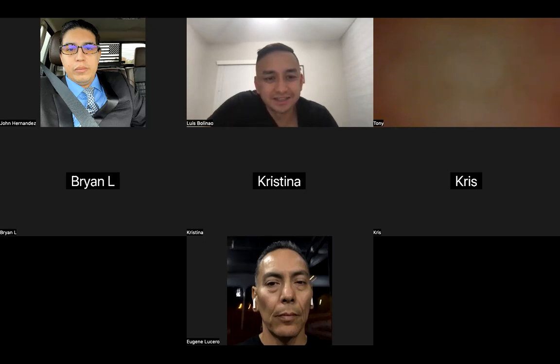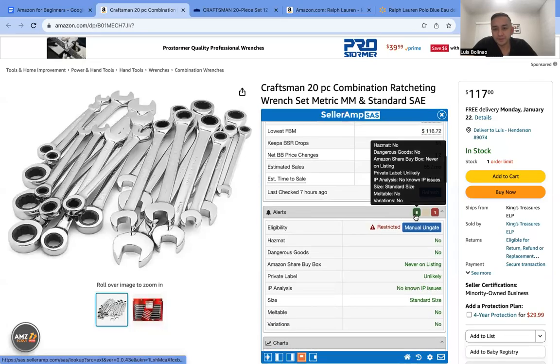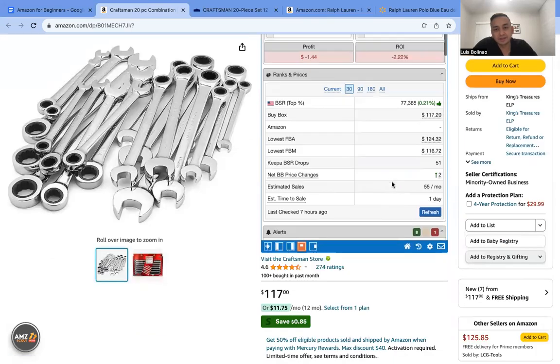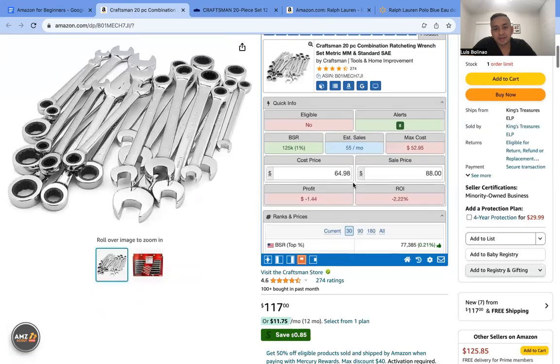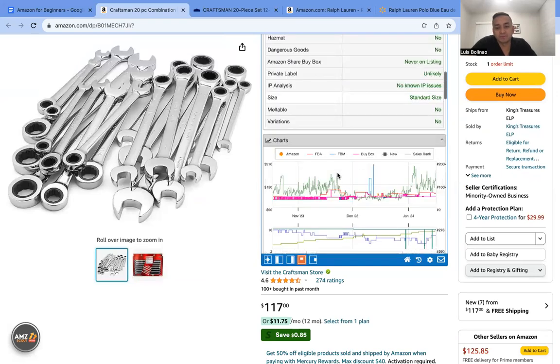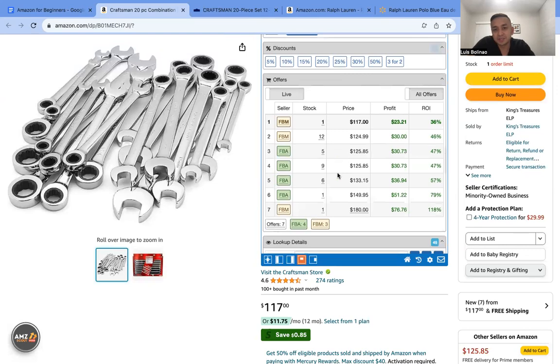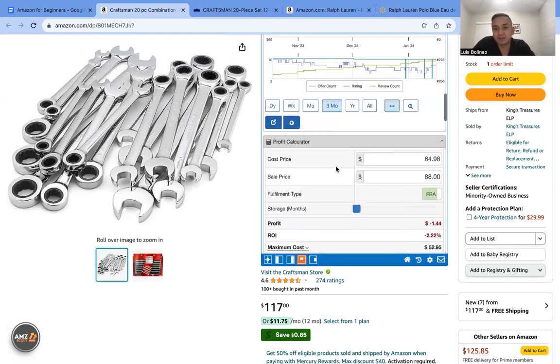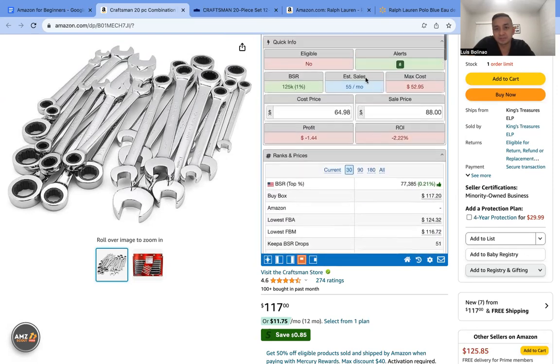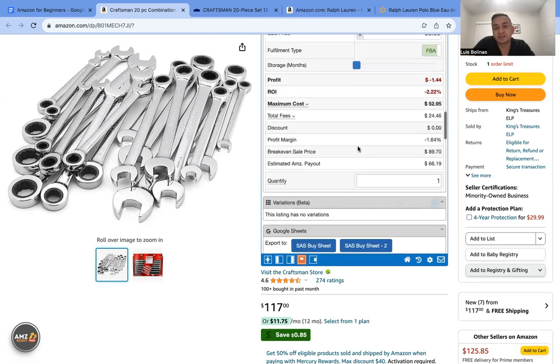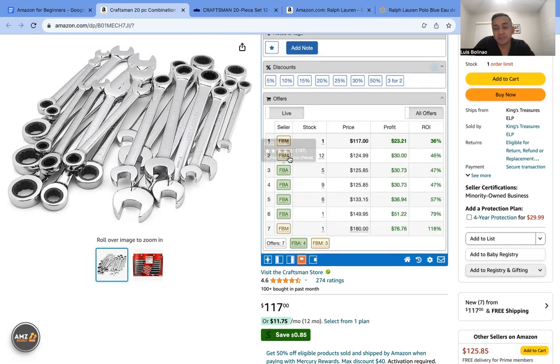Yeah. So when I look at data, I look at FBM too, even if I don't think they can compete with us FBA sellers, just because I want to be conservative with my buys, right? So I usually look at this number, my sales per month, and then I look at all the sellers in FBM and FBA, and then I see if I can still sell it with everyone on there, right?